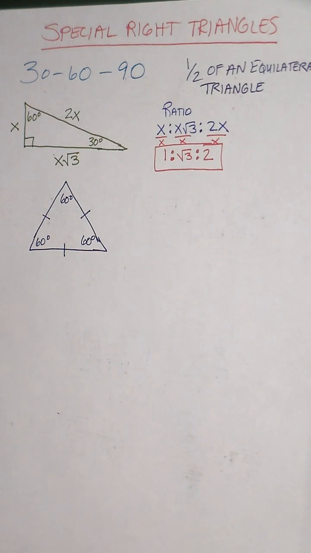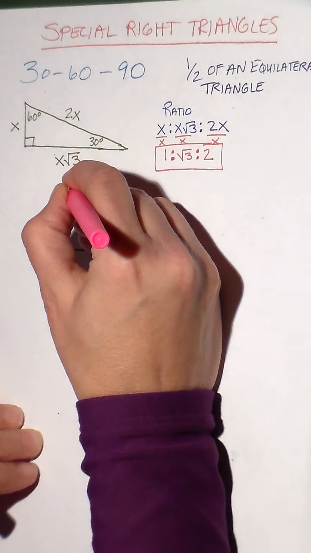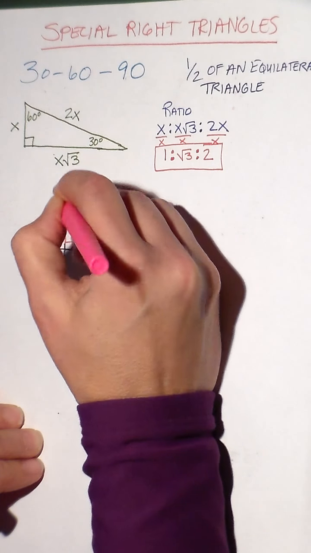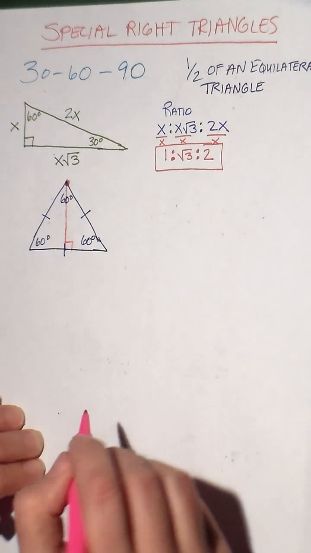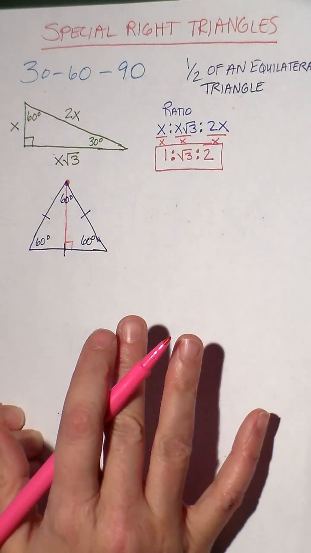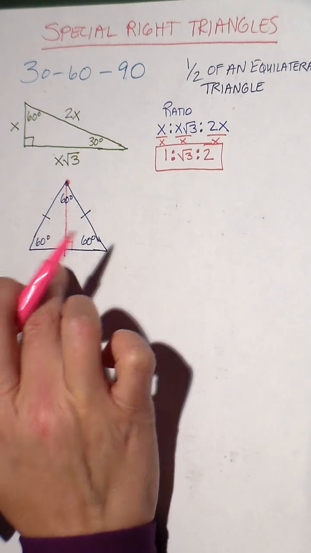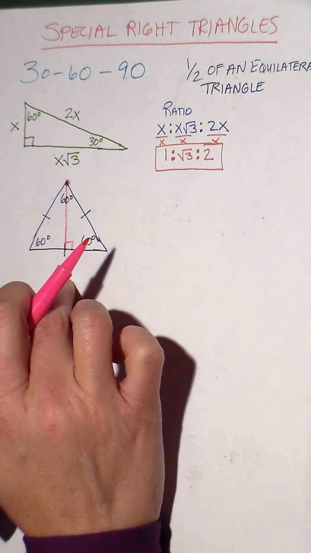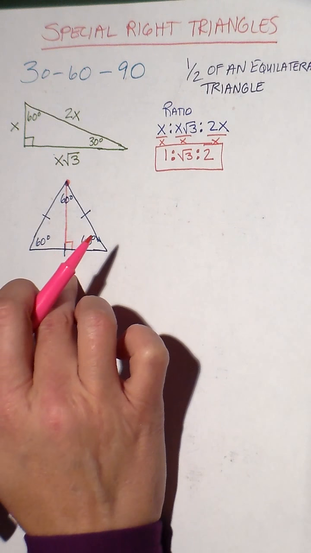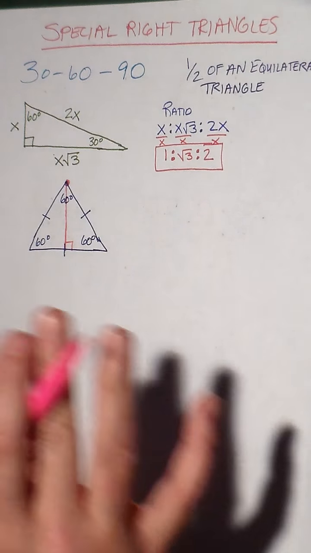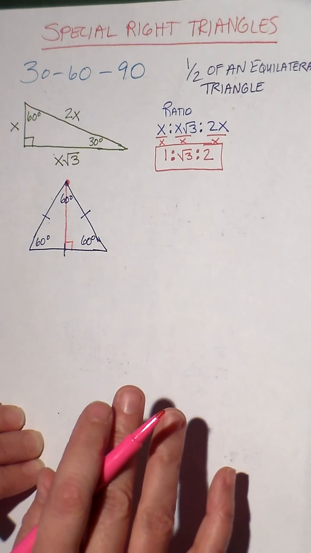So I'm going to look at this particular one, and I'm going to draw an altitude from this vertex. Now remember, in an equilateral triangle, the altitude, the median, the perpendicular bisector, and the angle bisector are all the same segment because an equilateral is perfectly symmetrical.